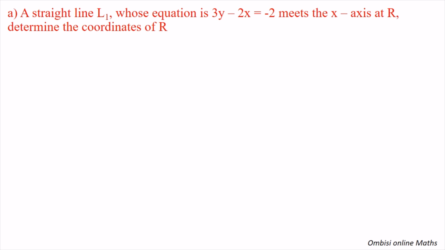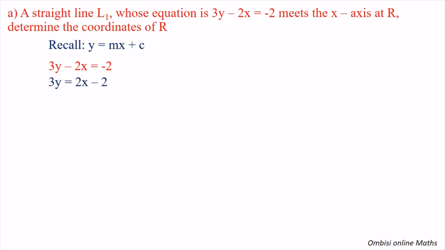Now, we know that the equation of a line is supposed to be in the form y equals mx plus c, where m is the gradient and c is the y-intercept. Given that, we will take our equation, which is 3y minus 2x equals -2. If you rearrange this equation to be in the form y equals mx plus c, we add 2x on both sides and end up with 3y equals 2x minus 2.